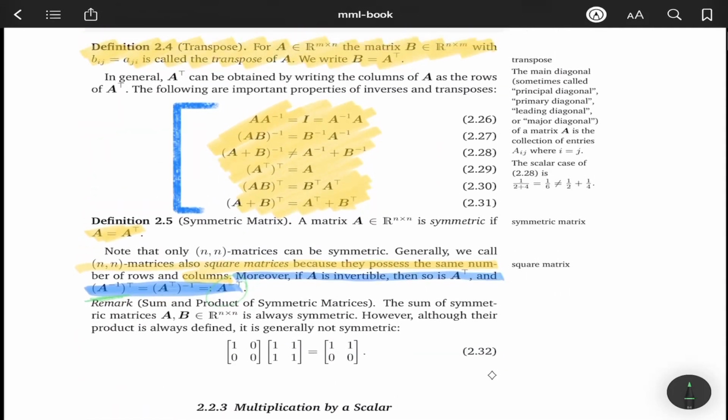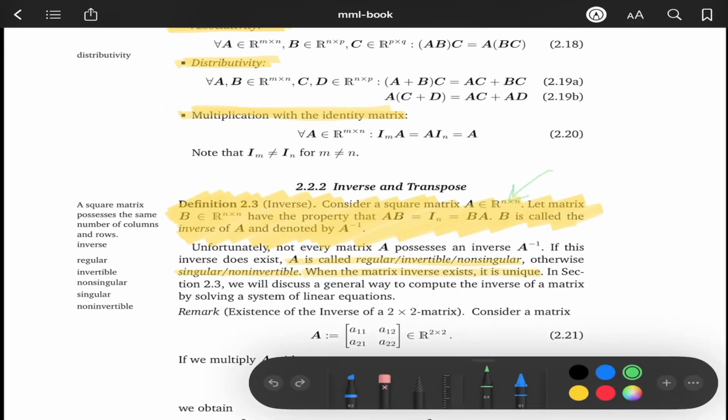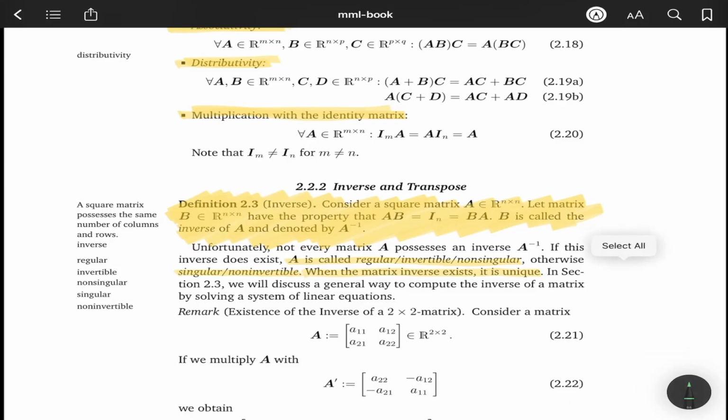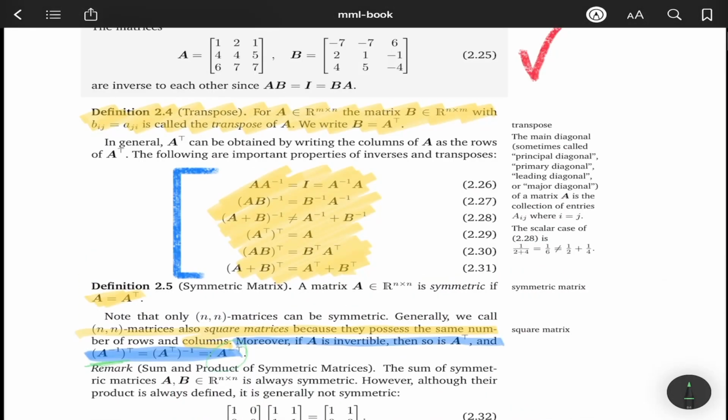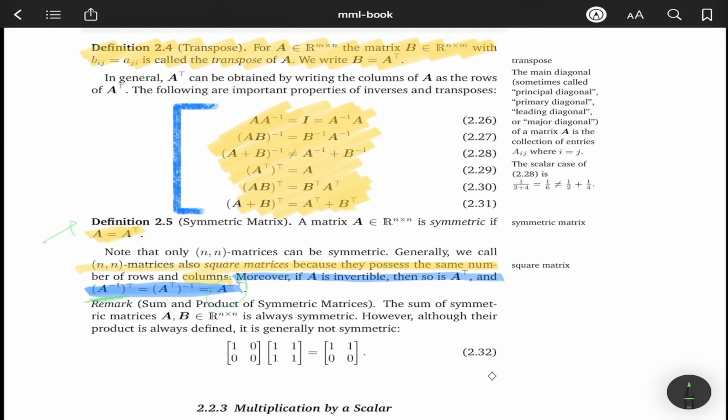So I pretty much assume from this point here that the inverse can only exist for a square matrix, which means that at 2.5 we're here, that also this whole thing here, A has to be a square matrix. So if you have a square matrix and it has an inverse, and then you transpose it, it's the same as if you transpose it and then take the inverse.